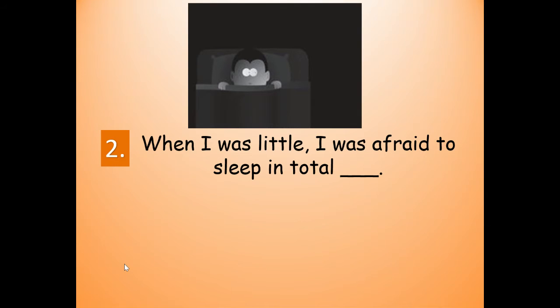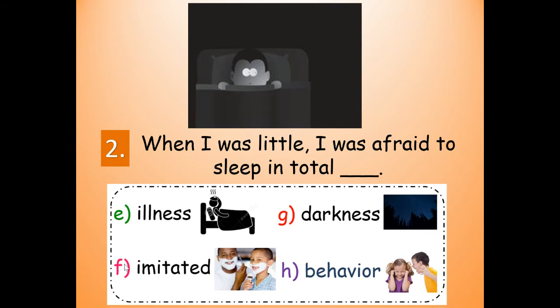Number 2, when I was little, I was afraid to sleep in total blank. When I was little, I was afraid to sleep in total illness, imitated, darkness, or behavior.